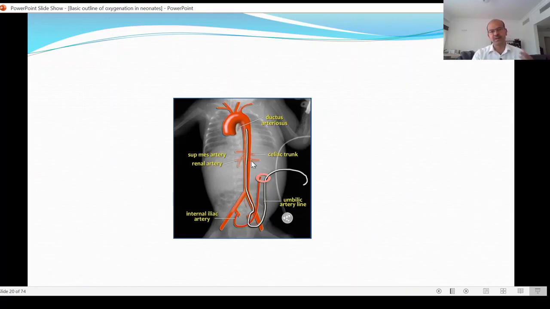So you have to keep it away from the origins of these vessels, and a high position you can go up to T4, T5 even before the internal mammary branches start, and then you have to keep it in a low position below these vessels. So either you target this area or you target this area, and it's very important to avoid the origin of the renal vessels, as you may have a clot originating in the tip which extends and causes problems.